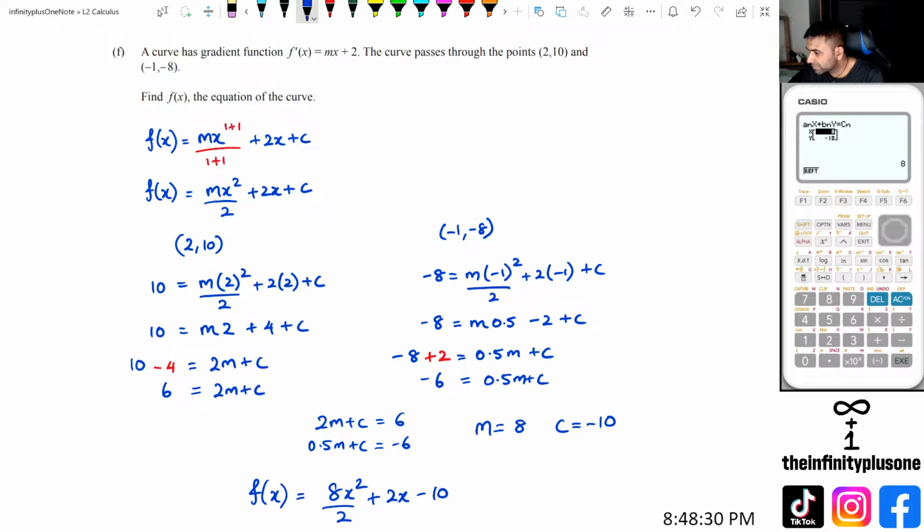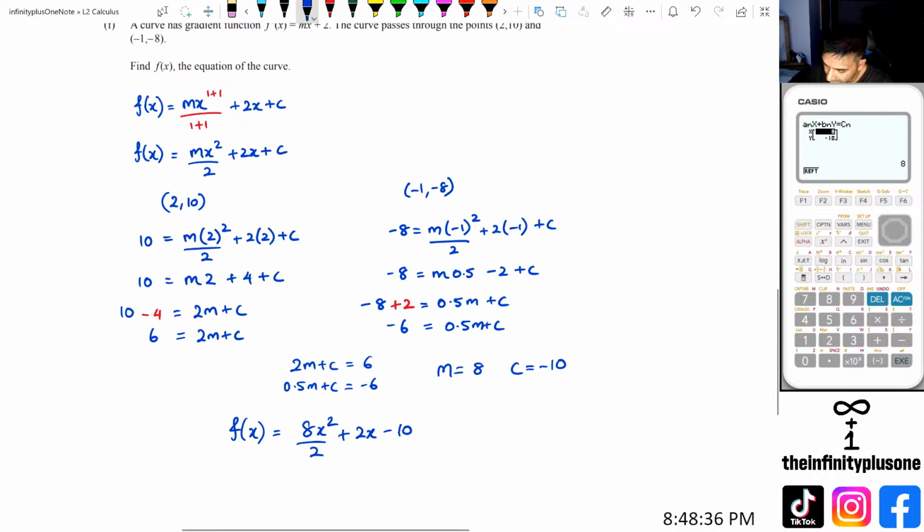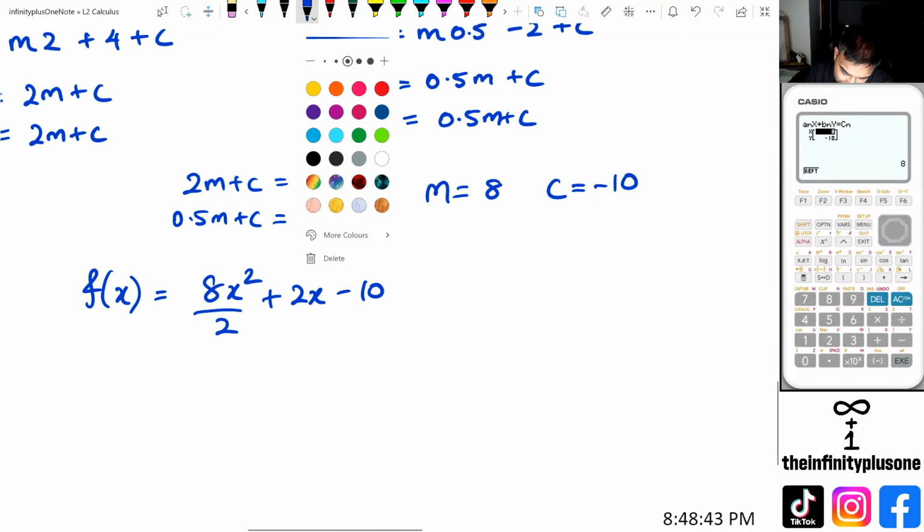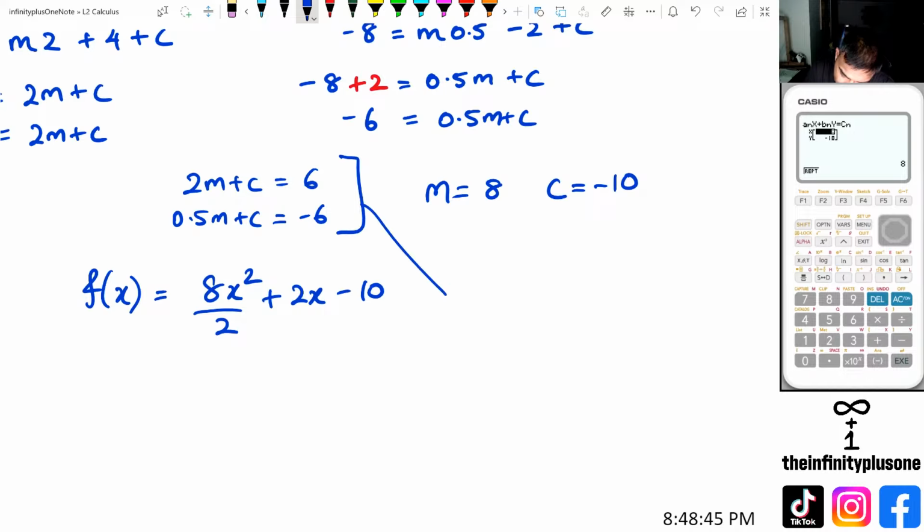Thanks, Corbin. Hey, Shaman, how's it going? Communist, yes, I can. To do this manually, I'm just going to do it really quickly, apologies about that. You've got 2m plus c equals 6, 0.5m plus c equals -6.